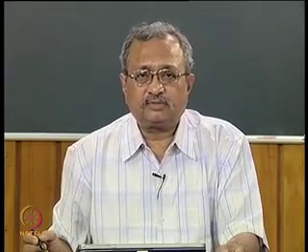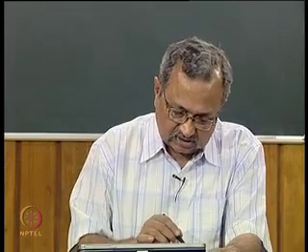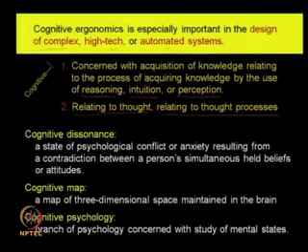Few terms are being used in this aspect, that is cognitive dissonance. It is a state of psychological conflict or anxiety resulting from a contradiction between a person's simultaneous held beliefs or attitudes.